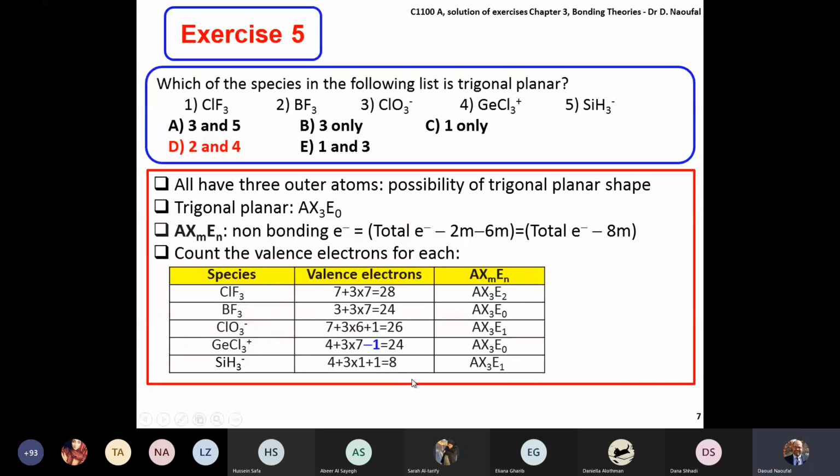Now we can find the answer directly, AX3E0 for trigonal planar geometry. So this is true for BF3 and GeCl3 plus. So the correct answer is D.